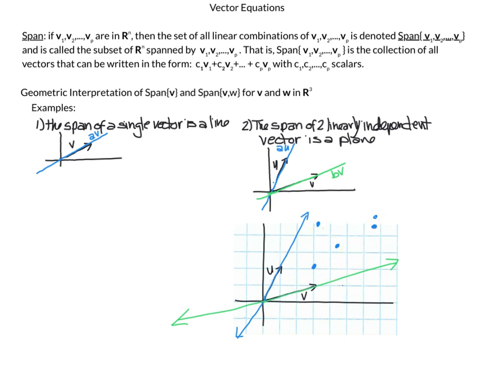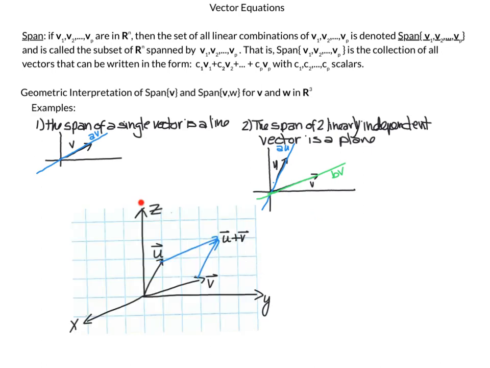You can do the same sort of thing. If you take negative v and negative u, you're going to get the points in this region here. But if you take positive u and negative v, you'll get this region in here. If you take positive v and negative u, you'll get this region down here. So by taking all the different combinations of u and v, you're going to get the entire plane.